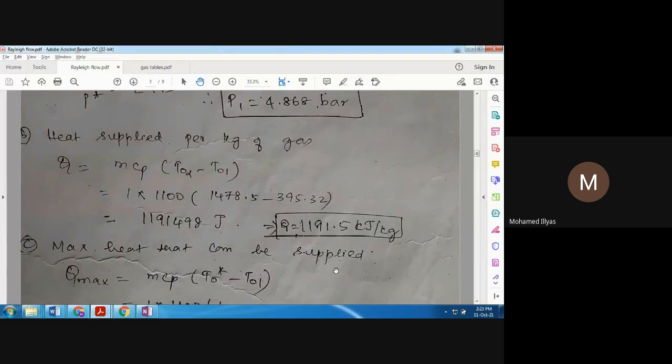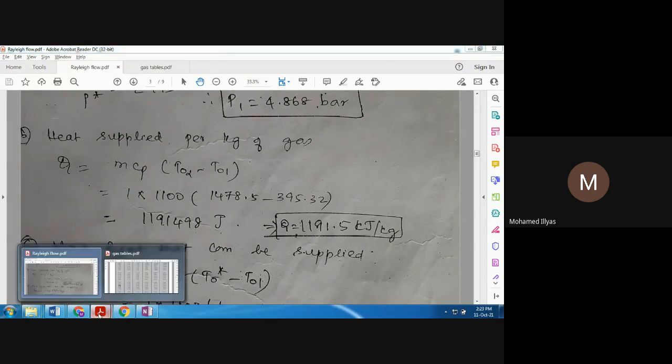Next, we have been asked to find the maximum heat supply. How do we get the maximum heat supplied? There is a limiting state for maximum heat supply, as we have seen in our previous class notes. This is the state where M equal to 1, T naught max or T naught star.